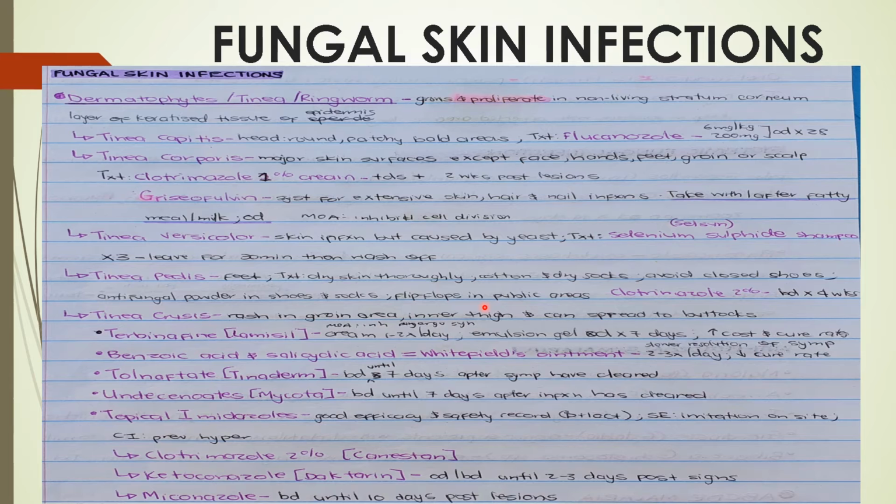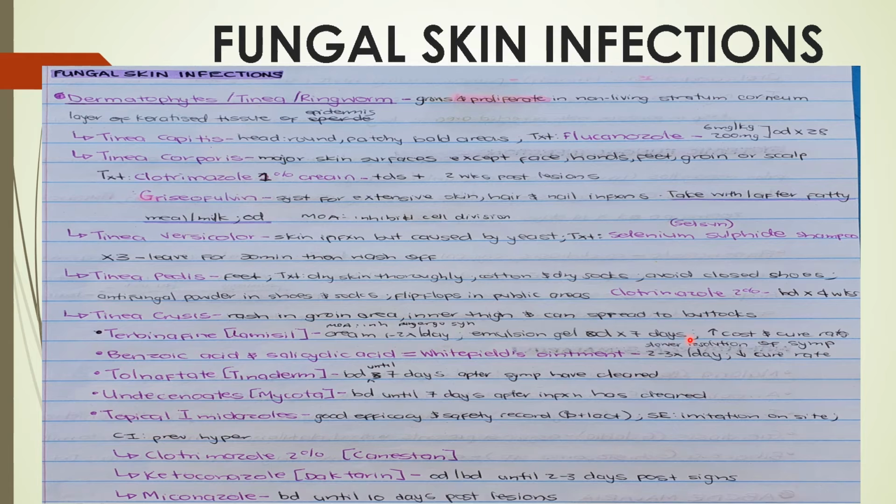So if you're in the house, rather either walk barefoot or wear shoes like slippers. And then you can put antifungal powders in the shoes and your socks to treat this infection. Please also make sure that you're wearing flip-flops in public areas, especially if you're going to the gym or to the park or to the beach.